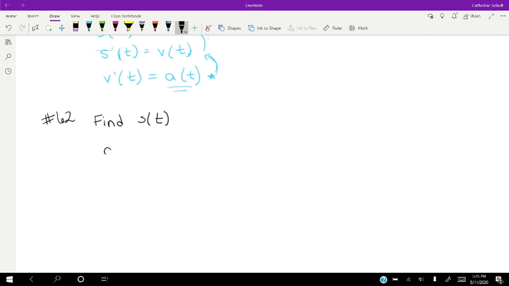For number 62, we're given that the acceleration function is 3 cosine t minus 2 sine t. And we're told that the initial position is 0, and the initial velocity is 4. Okay, so that's our problem.